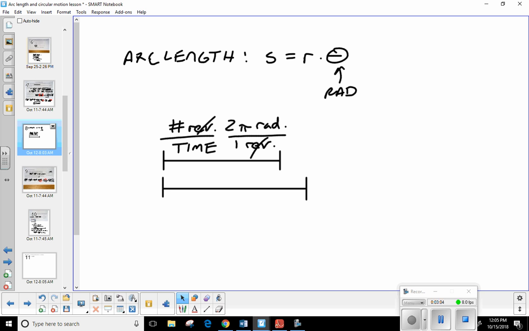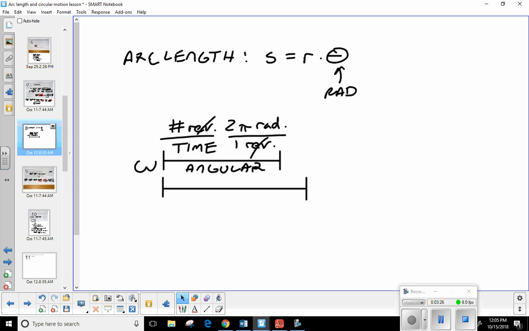So you have radians per time. This is what we call angular velocity. This is the speed at which the angle is rotating with respect to time. Okay? How fast that angle measure is increasing with time. And we like to use omega, this curvy W, to represent that.